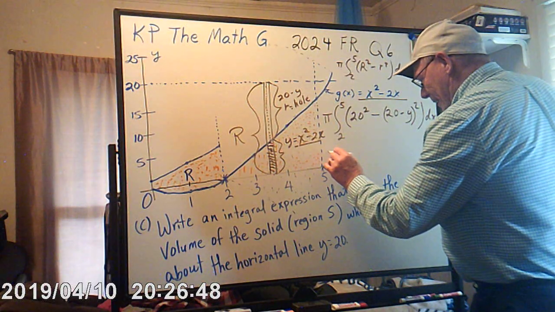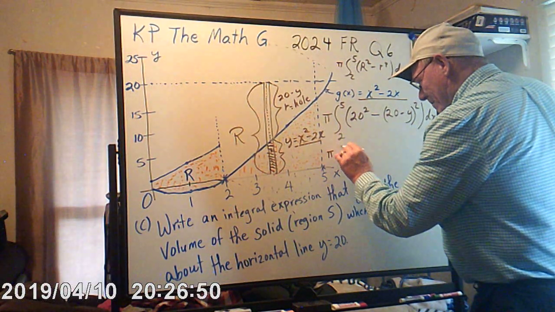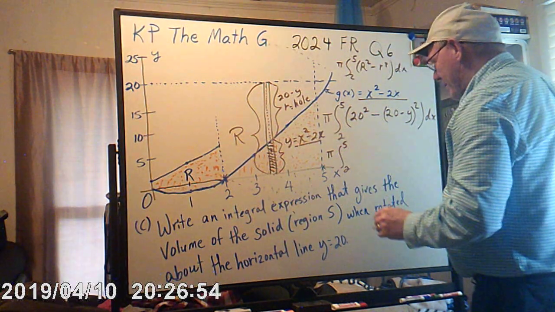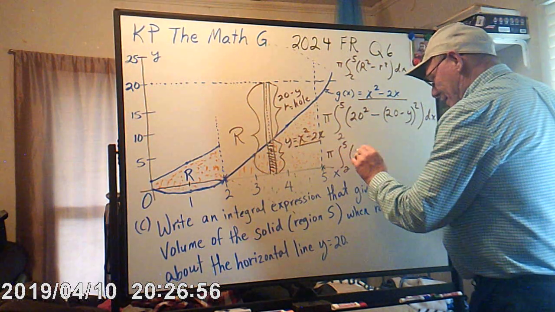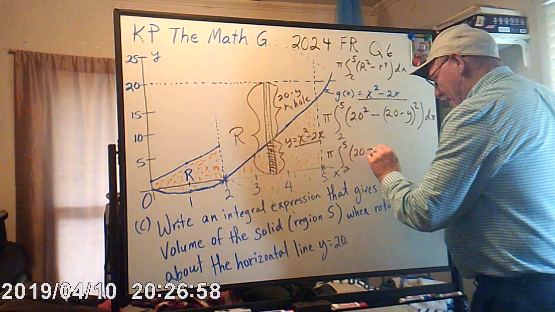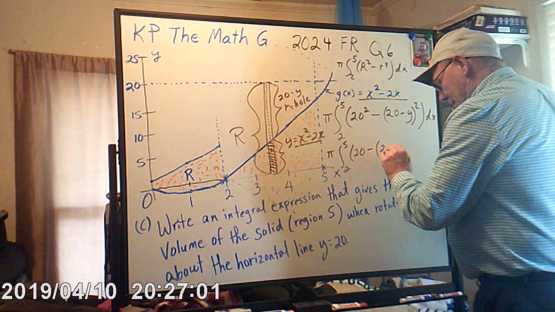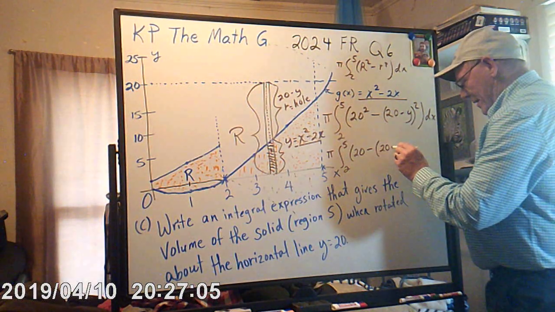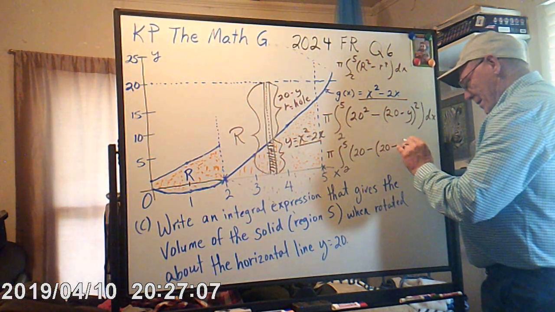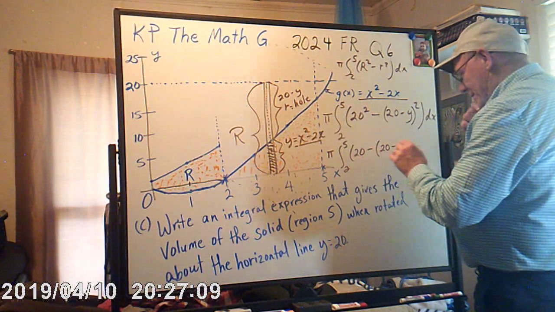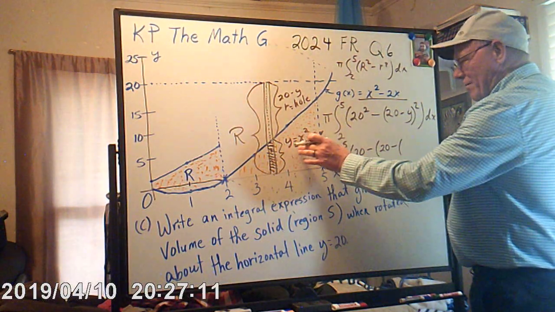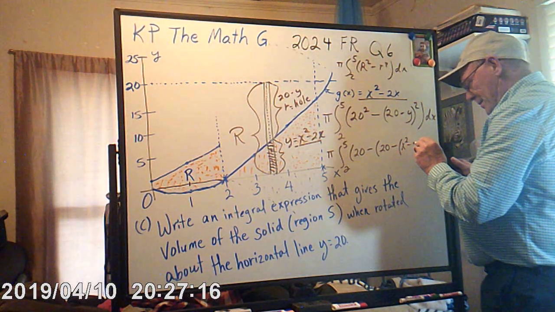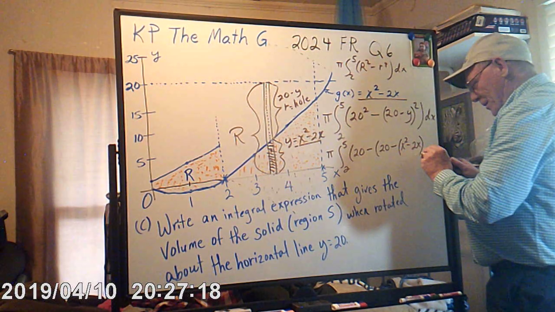Alright, so we're going to have this in just a moment. Pi from 2 to 5. We might just have to turn this thing over. Anyway, this is 20 minus y, which is, you might want to put that in parentheses since you have more than one term, x squared minus 2x, close parentheses.